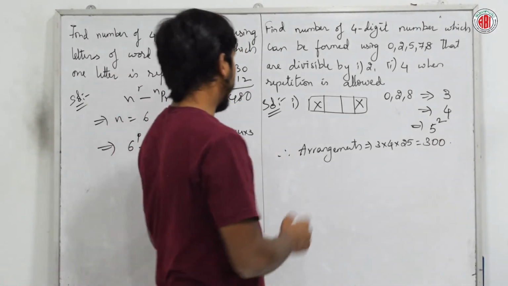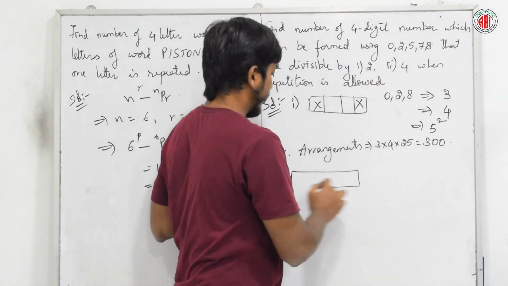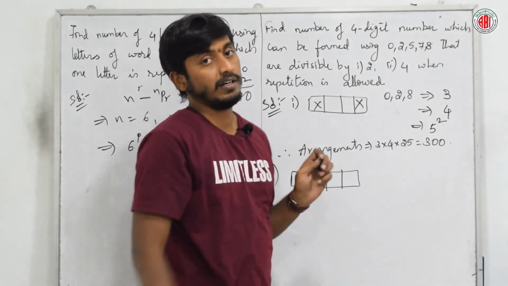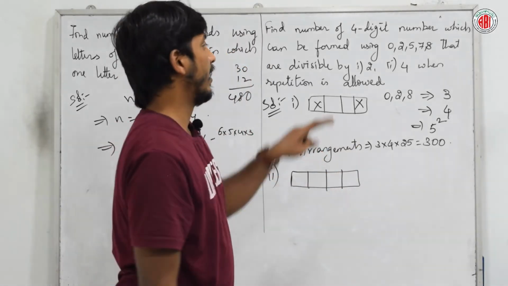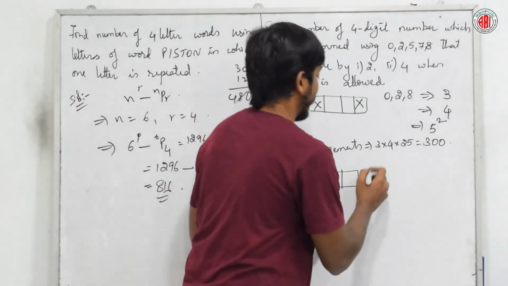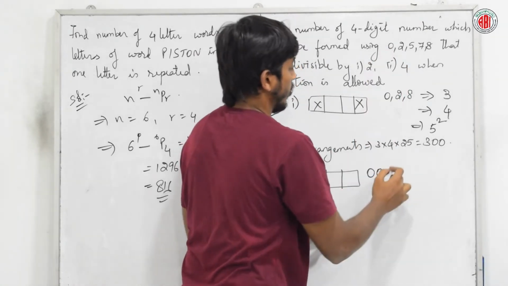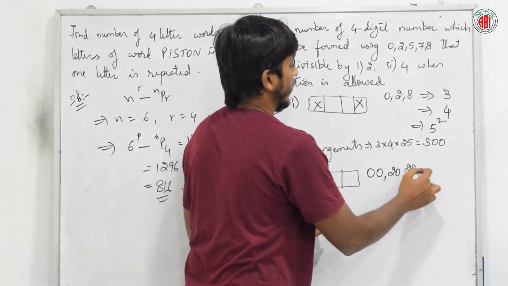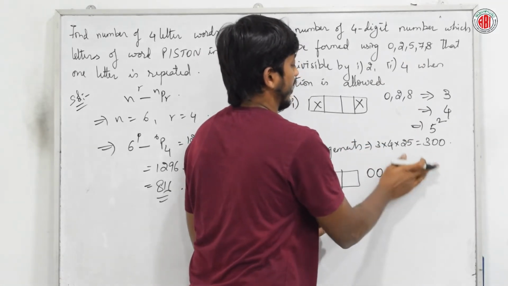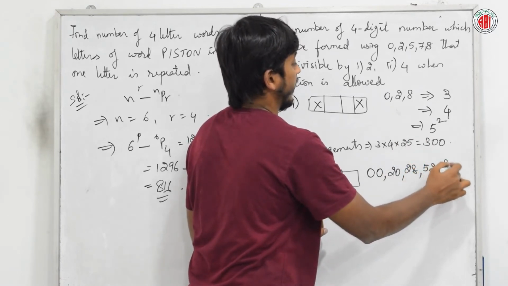Fine. Next, second question. It should be divisible by 4. Since it is a 4 digit number, these 2 positions have to be filled. What are the different endings we can fill that are divisible by 4 using these numbers? Again start now. 0 0. Right. Next 2 0, 2 8, and the next 5 0. 5 0 doesn't go, and the next 5 2 it goes. 5 8.